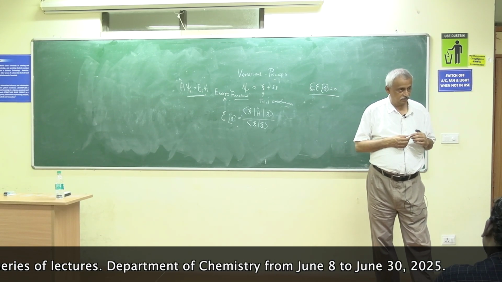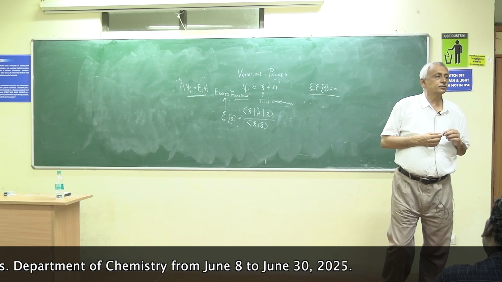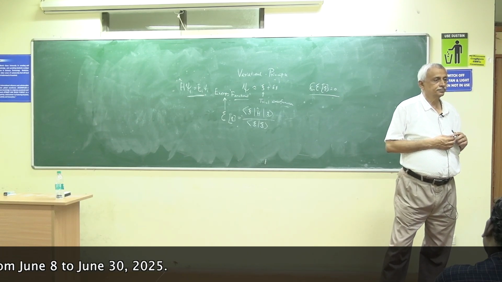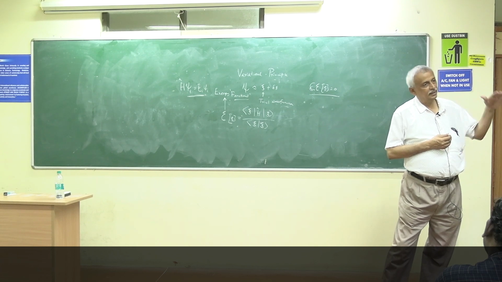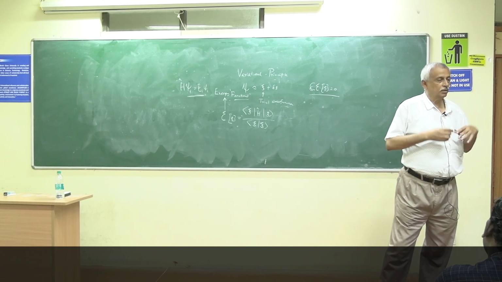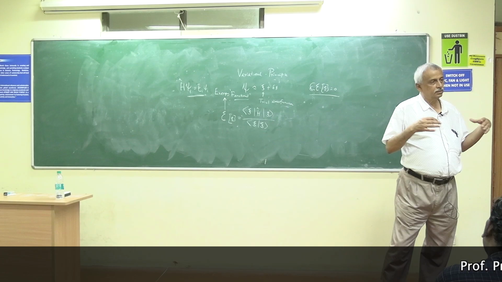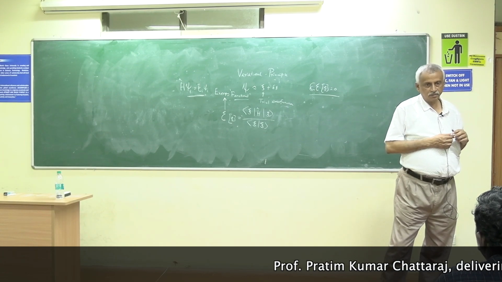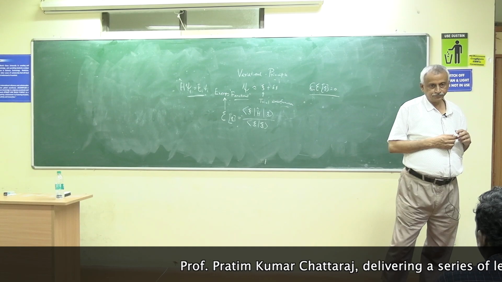So firstly, the energy would be either a maximum or a minimum or constant or an inflection point. That's why its first order variation is 0.